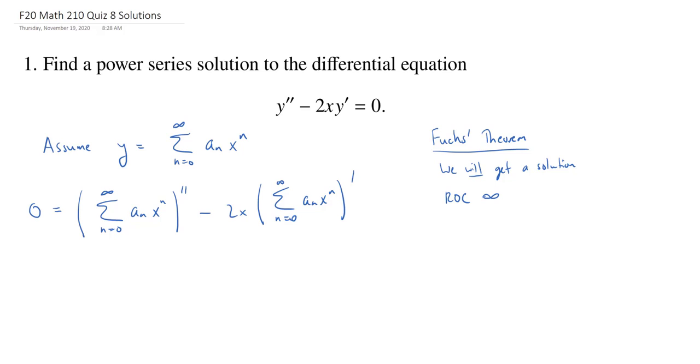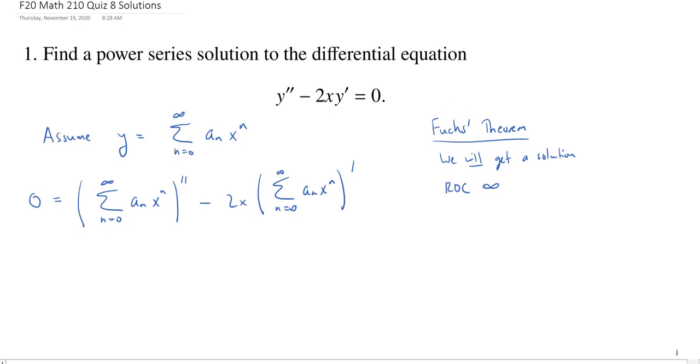All right, and so now we just do the algebra here. If I take two derivatives, then I'm going to get, well, let me leave the starting index blank for a moment. It should be 0, but we're going to mix it up a little bit. So two derivatives, I bring down an n first, then an n minus 1: n(n-1) a sub n, x to the n minus 2. This will go to infinity. And let me handle the other one.